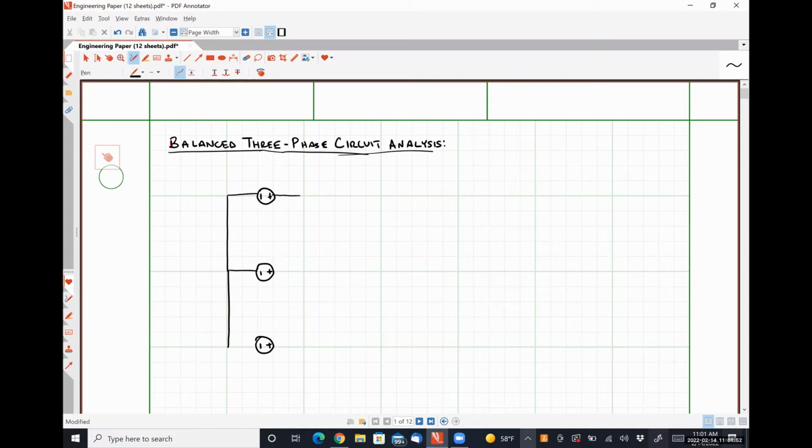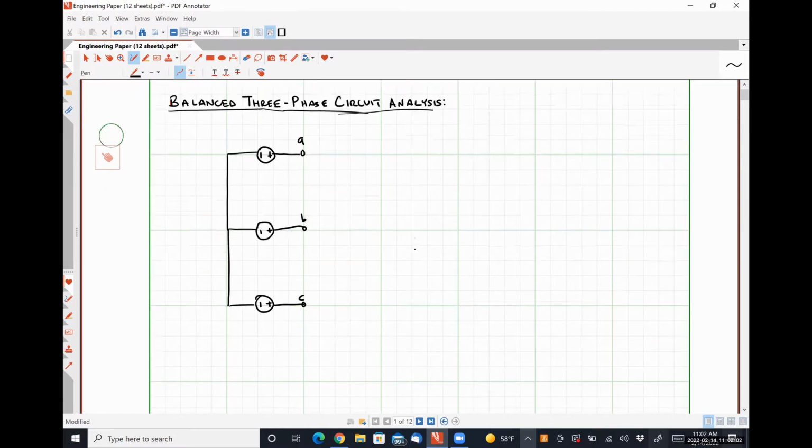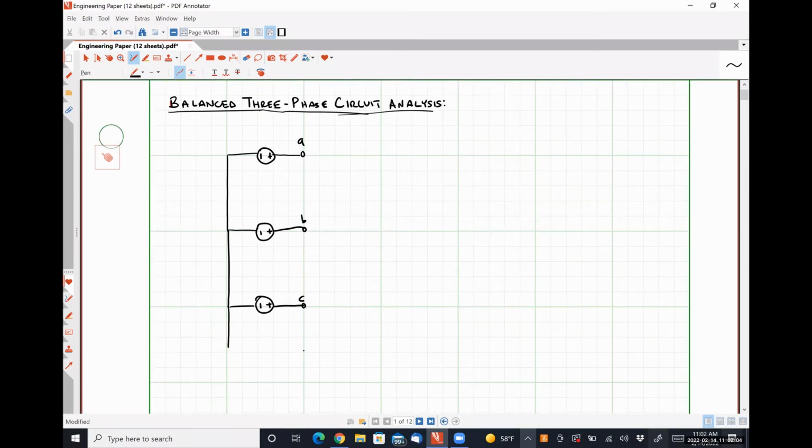In which we have a Y connected source having voltages VAN, VBN, and VCN.